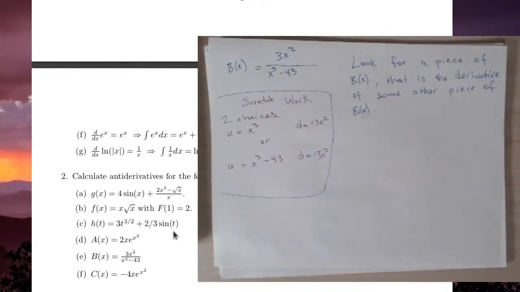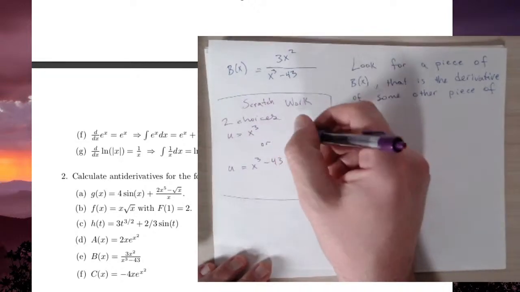But one of these is way better than the other. You should choose one and not the other, because if you choose the other, that would be bad. Which one should we choose? Well, let's just try.